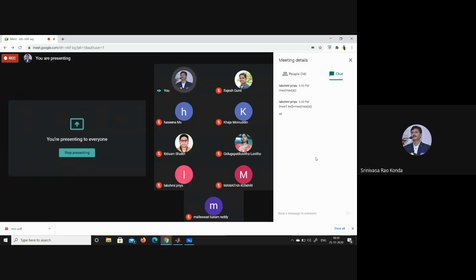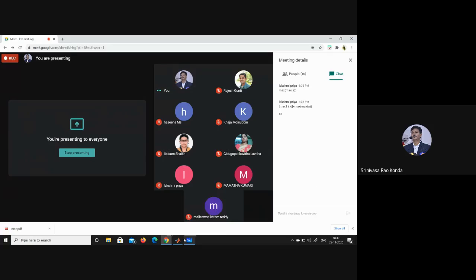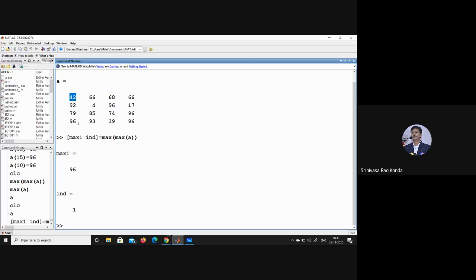I want to find out the index of the maximum element in a matrix, not in a column. Why is it showing 1? Because with this command, we will get 96, 93, and so on. From that, we are getting the index. It is showing that the first element is maximum element. Any guesses?